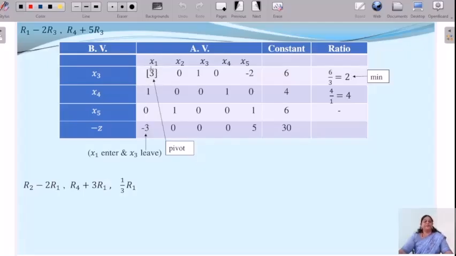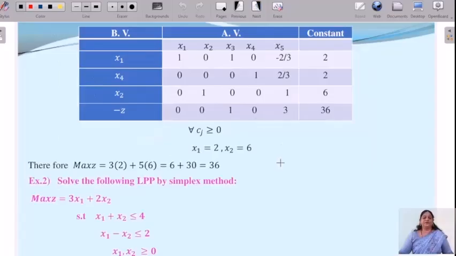Make the pivot element a unity. Therefore, for the matrix transformation the elementary operations are R1 upon 3, meaning 1 by 3 into R1. Next R2 minus 2 times R1. First you have to do this step: convert the pivot element to a unity, 1 by 3 R1.